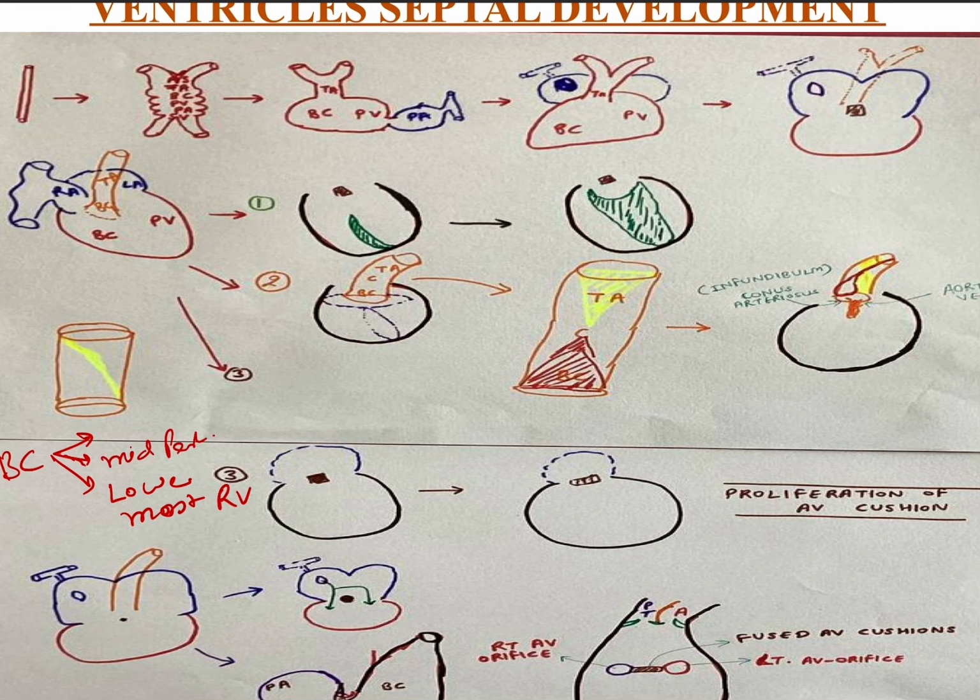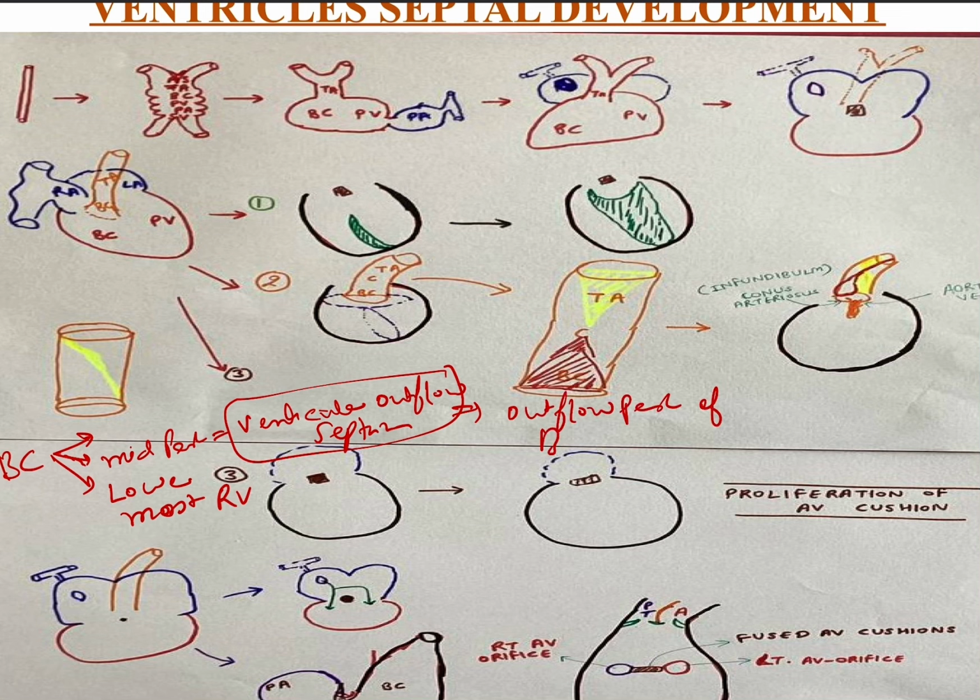Mid part forms the ventricular outflow septum, or outflow part of both ventricles, and the uppermost part of bulbus cordis forms bulbar ridges and forms a part of the spiral septum.